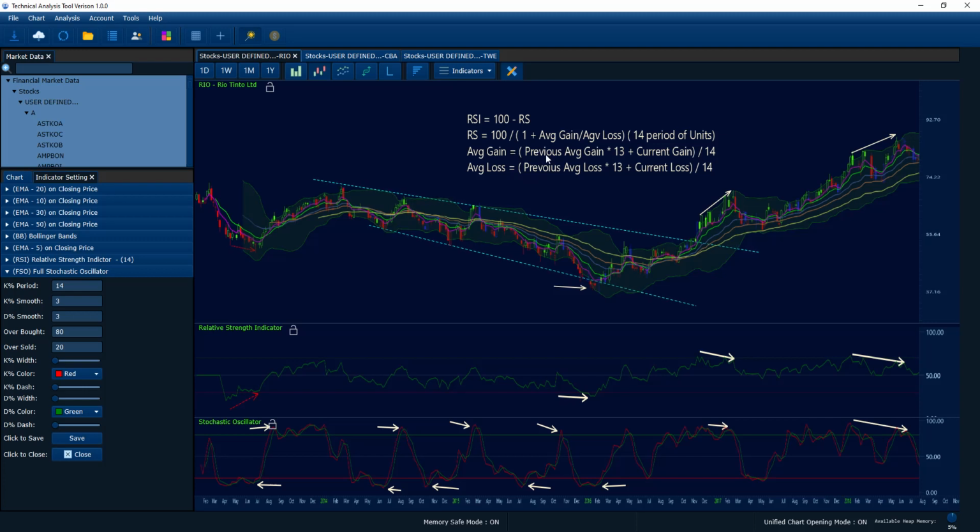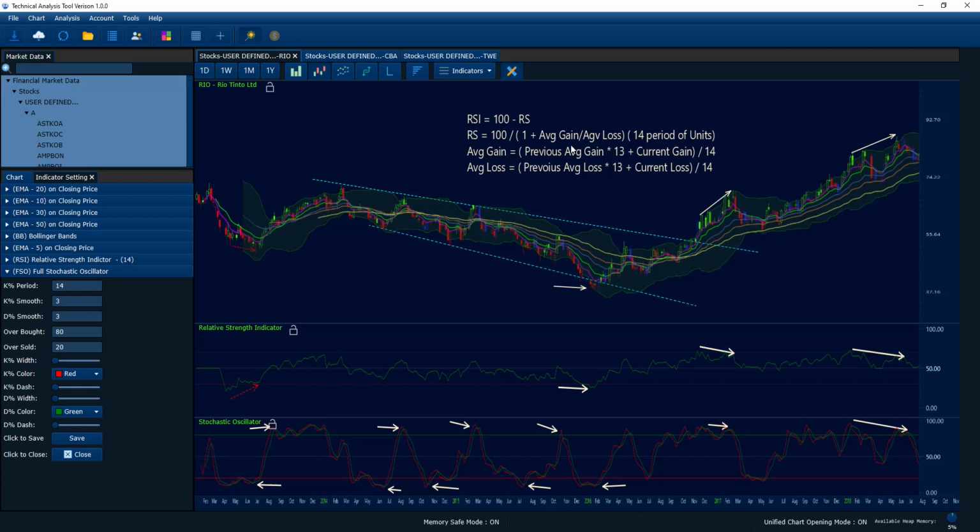The purpose is that the inventor of this indicator probably wanted a number that reads from 0 to 100. So how do you get a number from 0 to 100? You use 100 minus something. This something is the RS that we calculated, and because we're using this formula, we make sure the number is between 0 and 100.